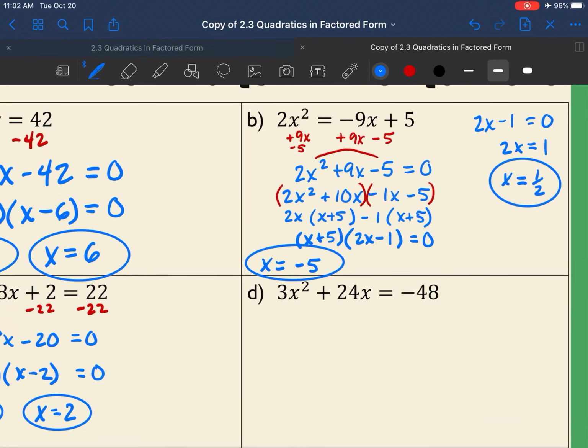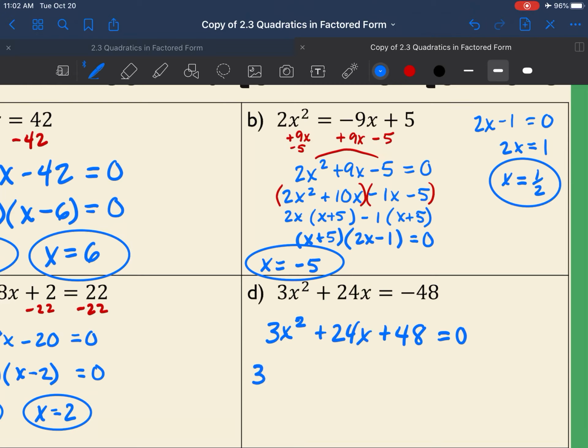On the last one, add 48 to both sides, so 3x squared plus 24x plus 48 equals 0. And then if you look at this one, you can factor out a 3 to start.